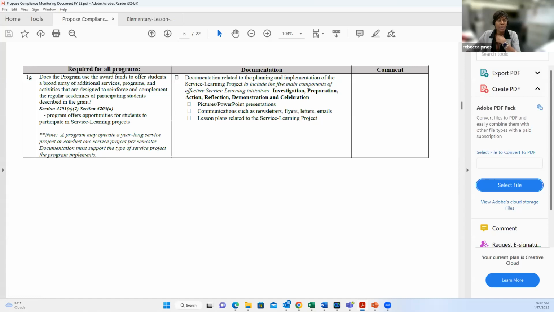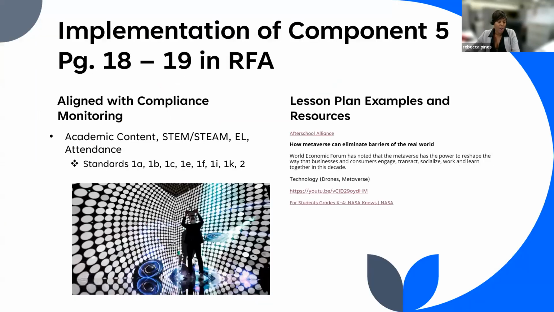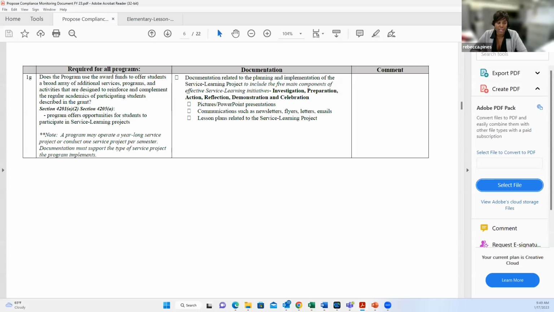So on this particular one, 1G, it covers service learning. It's also component number 8 in your RFA. With this component, the service learning needs to be a meaningful community service that uses both teaching and learning strategies, so that students are doing something positive within their community.